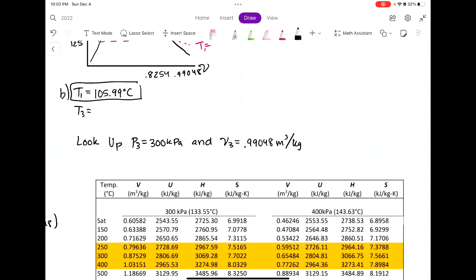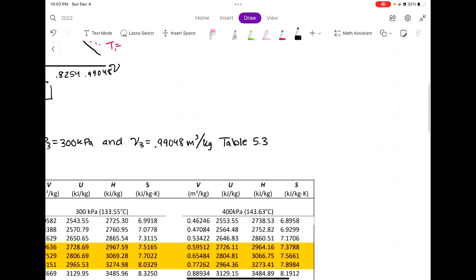And that's going to be, in my textbook, Table 5.3. Properties of superheated vapor.